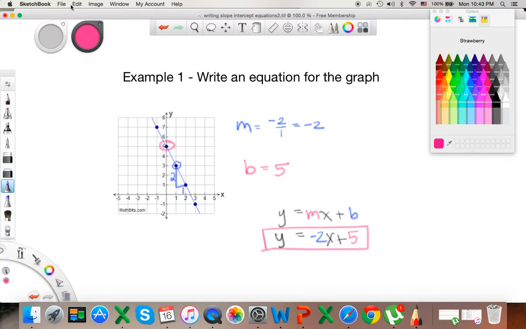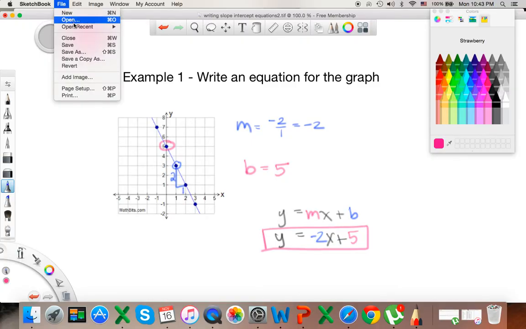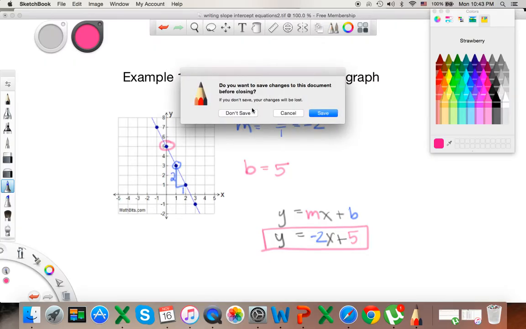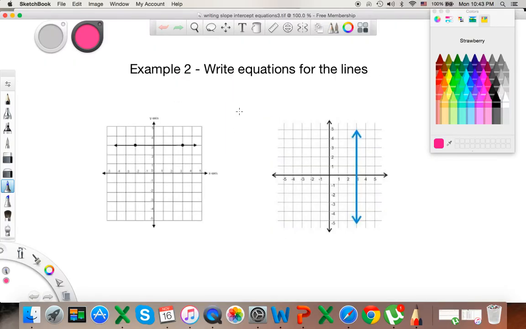All right, let's take a look at a little bit more complicated one. Let's take a look here at this first one. We have a horizontal line. When we have a horizontal line like this, we know from class that our slope is going to be equal to 0. Now we look at the y-intercept, and it's a little hard to see.